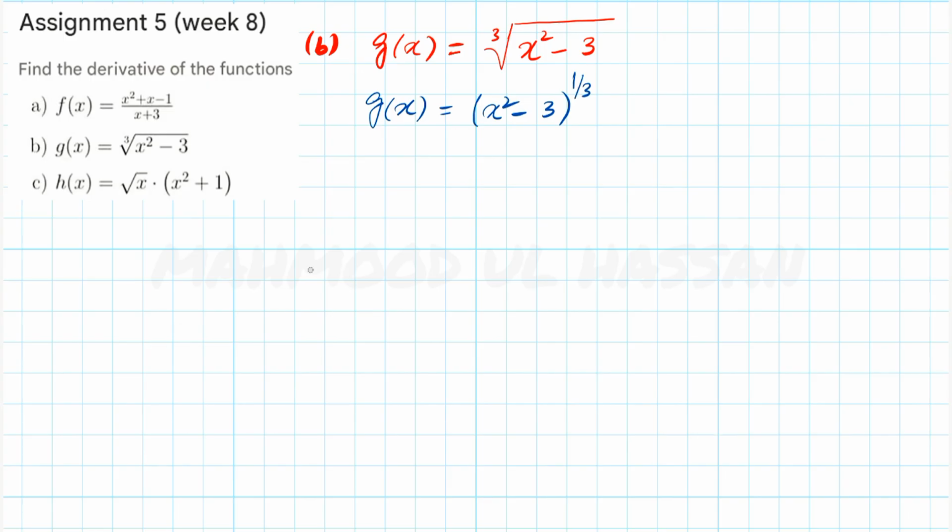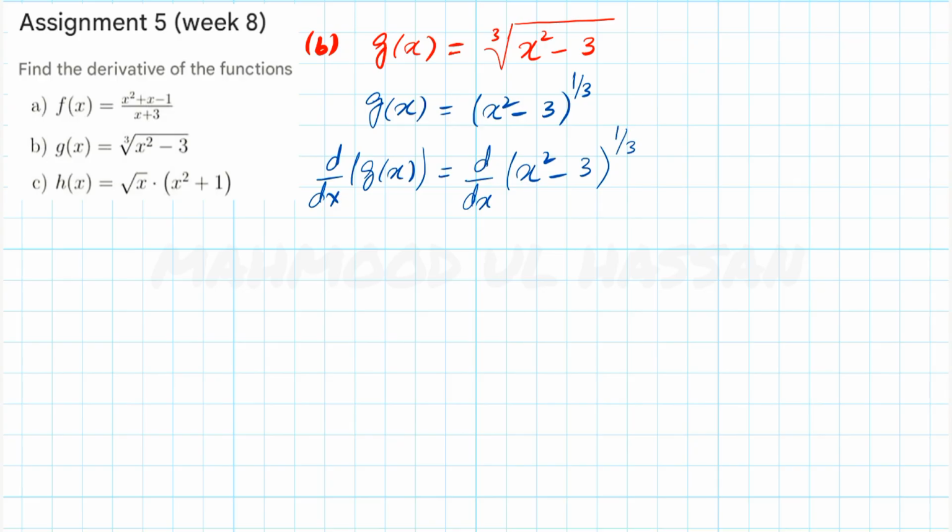Okay, so now we are going to differentiate this function with respect to x. So that is going to be d over dx of g of x equal to d over dx of x squared minus 3 whole power 1 by 3.